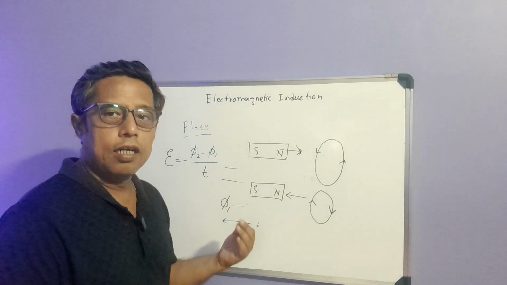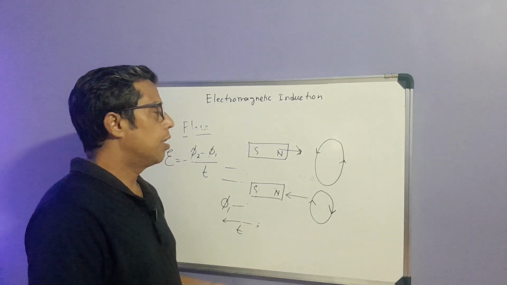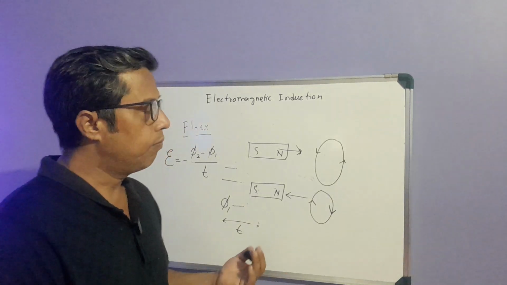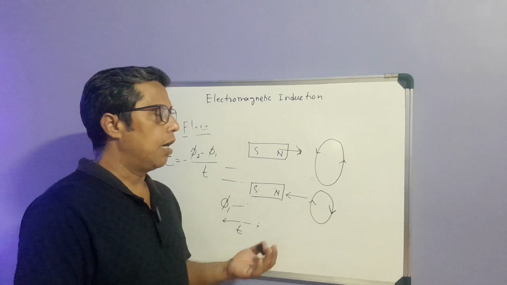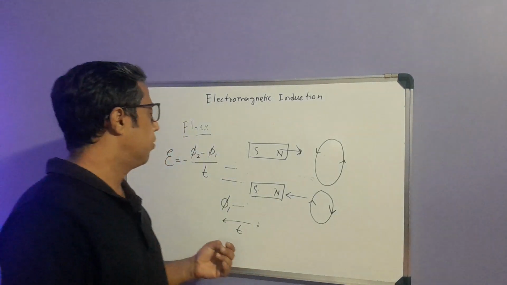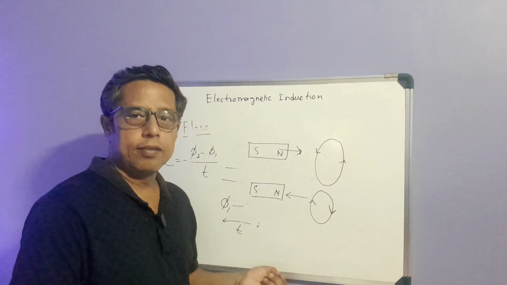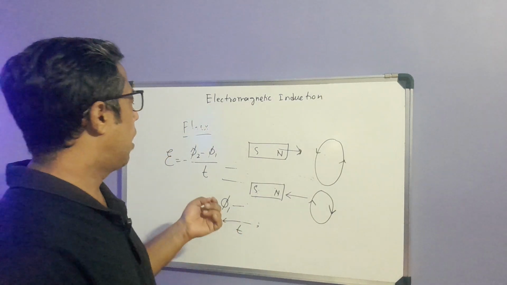Take it as a revision that Faraday's law of electromagnetic induction has two laws. First, whenever there is a change in magnetic flux, we get an induced EMF and induced current. And this induced EMF depends on the rate of change of flux. Now, how can we increase the EMF or current?